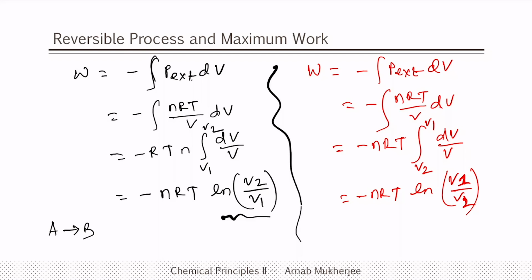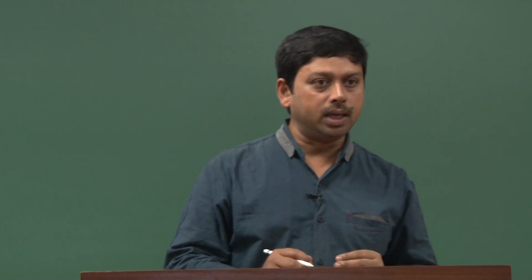Now, this was work done from A to B, this is work done from B to A, and we can see that the magnitude of the work done going from B to A is exactly equal to the magnitude of the work done going from A to B. So, if I do the process extremely slowly, then it is called a reversible process, which means such a process will do two things.